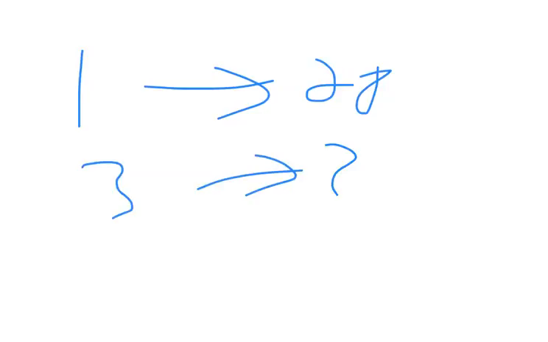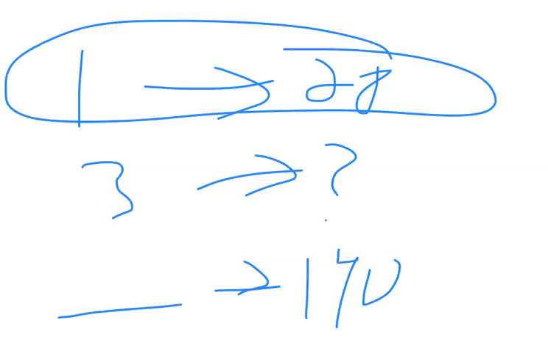So if you have 1 mapped to 28, 3 mapped to some number, and some number mapped to 140. It's a little bit ambiguous what the pattern really is, but I'm going to tell you the pattern is times 28 instead of adding 27.